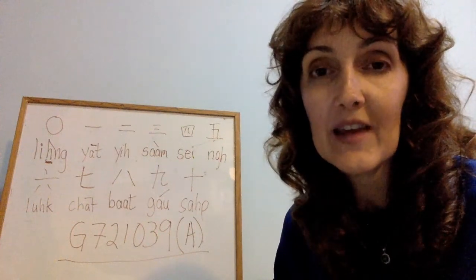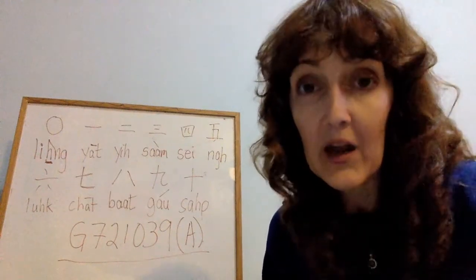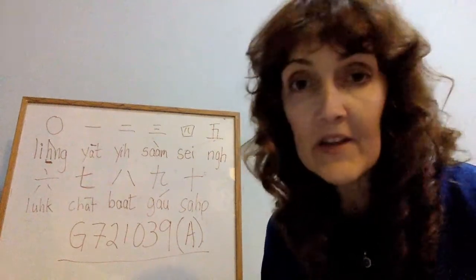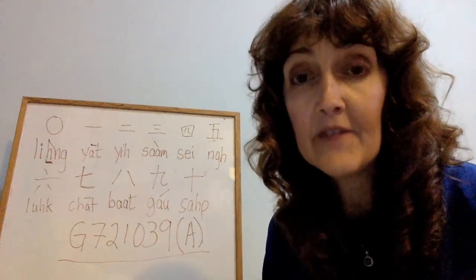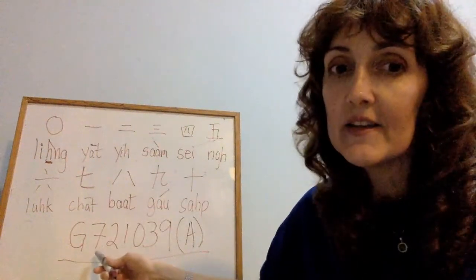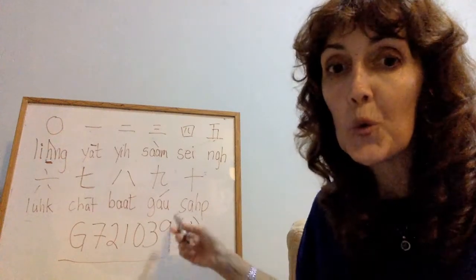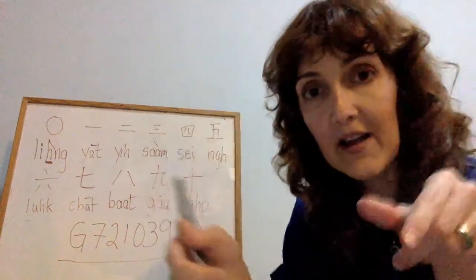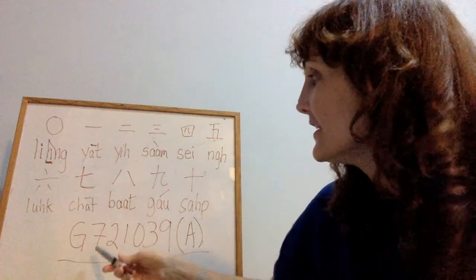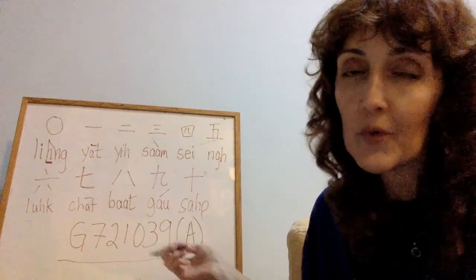So let's have a go at this. Say you're at the immigration or at a bank or somewhere, and they're like, 你身份證幾多號? 身份證 is your ID card, and 幾多號? You would say G 7210339 括號 A. I like the brackets, right? 括號 A. So G 7210339 A. Well, you could just say A too.